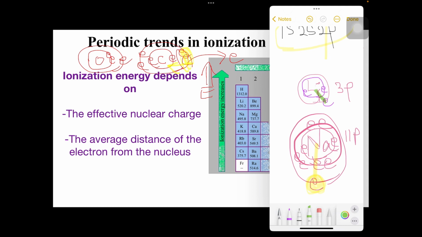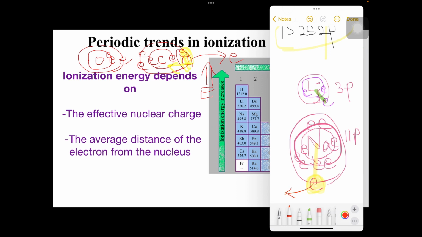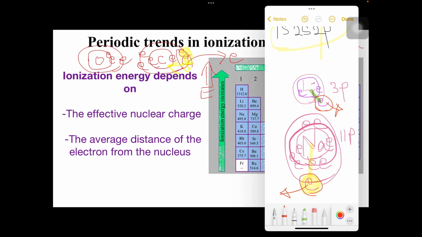So in sodium, the valence electron is far away from the nucleus, so it's easier to take this electron away from the atom compared to lithium's. In lithium, this electron is more tightly bound to the nucleus compared to the valence electron of sodium.